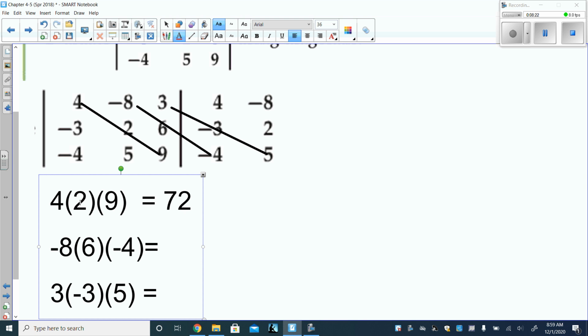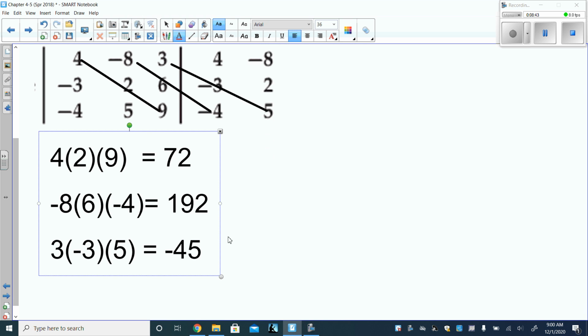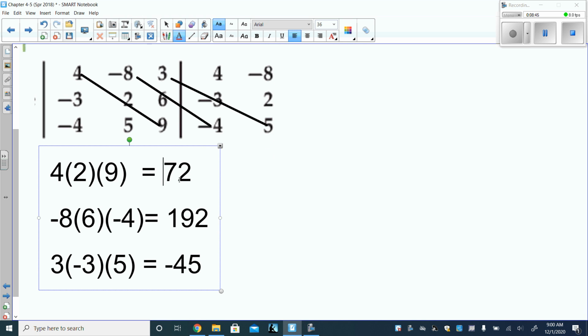If we multiply all three of these together, we will get 192. And lastly, we have 3 times -3 times 5, and if we do that, we will get -45. So these three here are our three diagonals going from left to right, our positive diagonals.